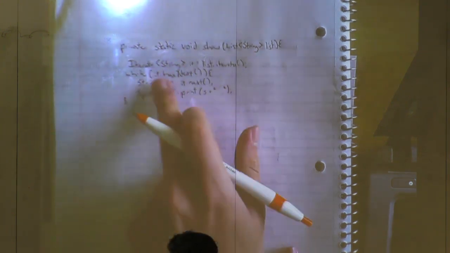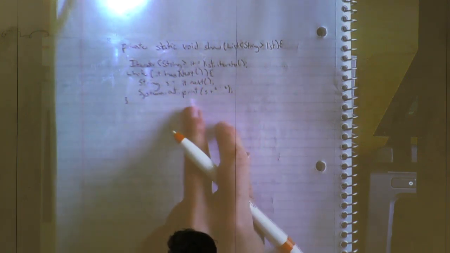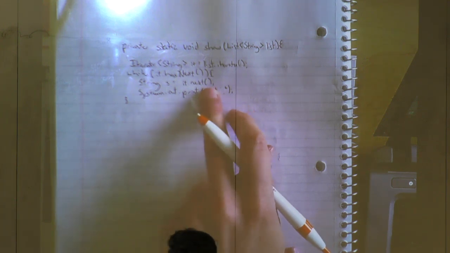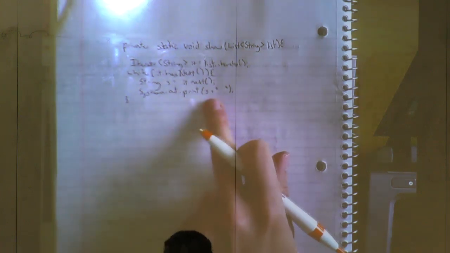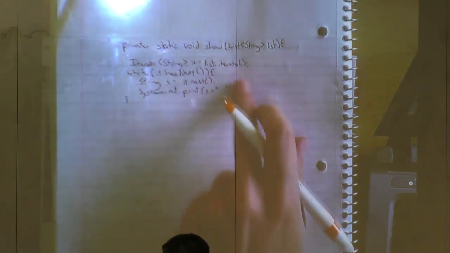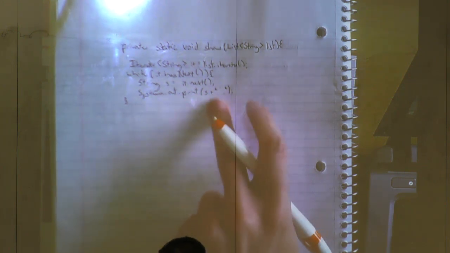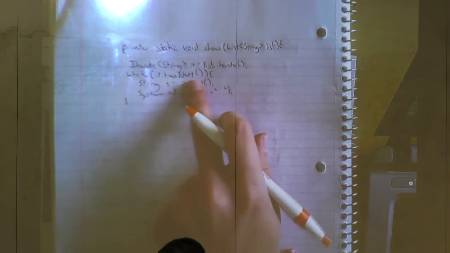So we have this while loop that says, while our iterator is aware that there's another object in the list, then get the object in the list by calling next, save it in a string, because our list is a list of strings, and then print the string and a space. So this will loop, printing alternations between the string and the space until hasNext returns false, meaning there are no more strings left in the list.